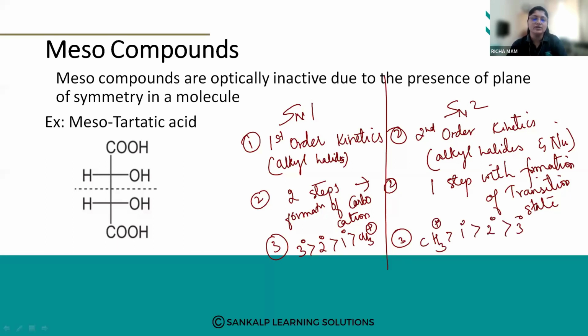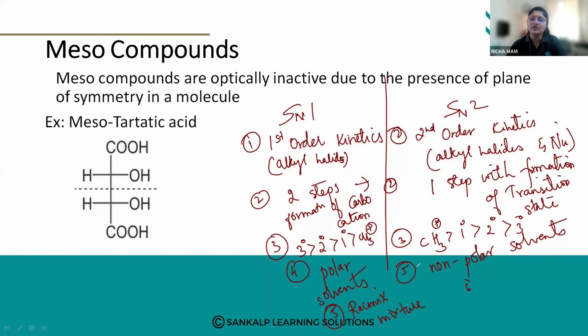Then the fourth one. The SN1 mechanism is favored by polar solvents, and SN2 is favored by non-polar solvents. And what is the product formed? In SN1, the product formed is a racemic mixture.